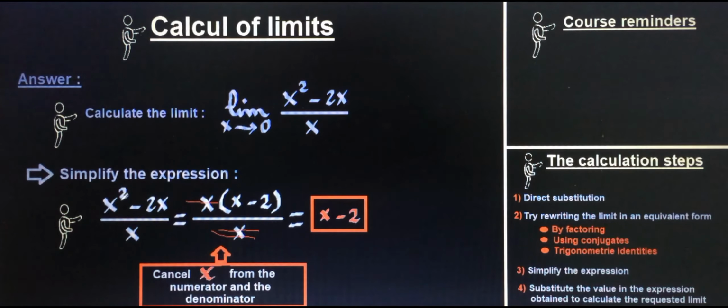Step number 3, simplify the expression by cancelling x from the numerator and the denominator. Then, the expression x times x minus 2 divided by x becomes x minus 2.